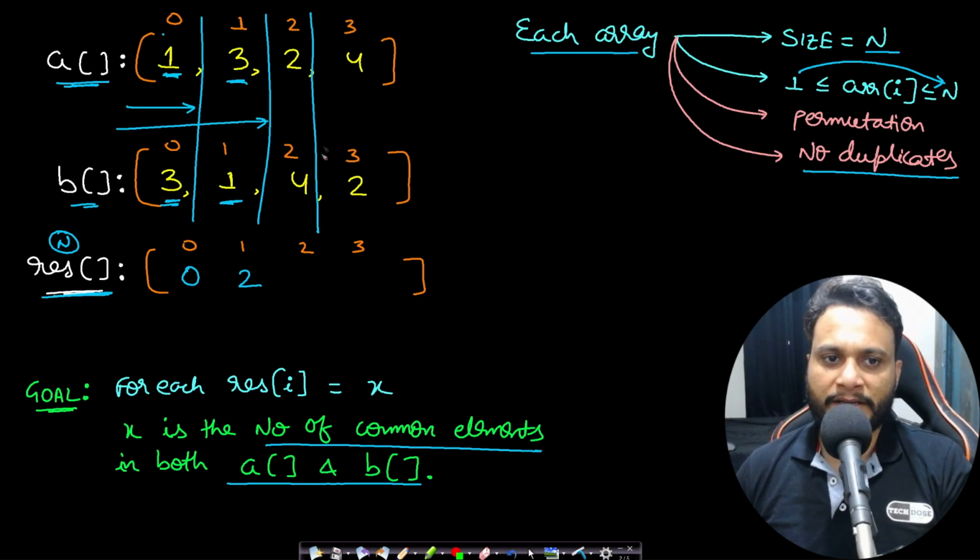If you look at this index 2 slice, then I will be counting right from the beginning till the end how many elements will be common here. Well, the elements which were common already will definitely be common, right? So 1 and 3 are going to be common, and you will find that this 2 is a new element in A, and in B there is 4. So 4 is not present in A until now, and 2 is not present in B until now, right?